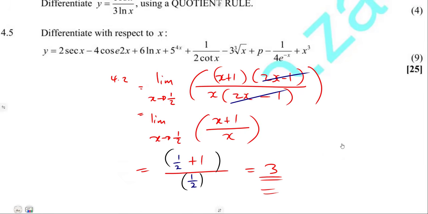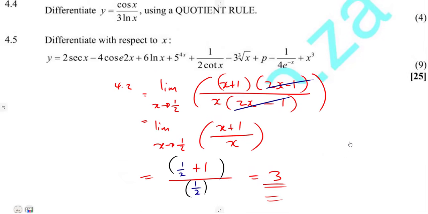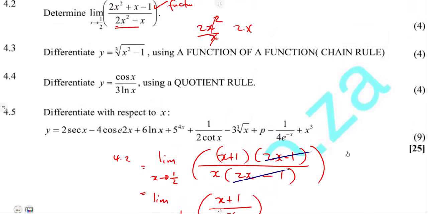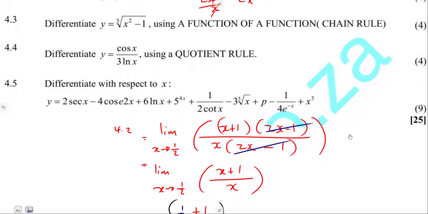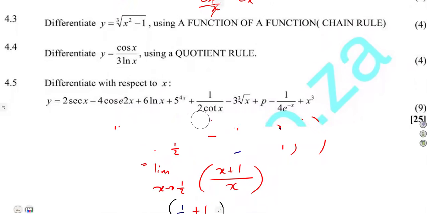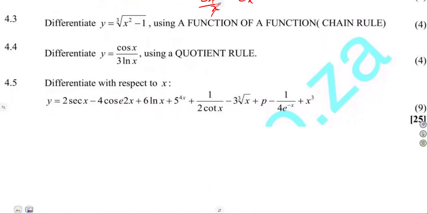All right, on 4.2, that is what you had. 4.3, we are being asked to differentiate this using function of a function. The function of a function is where we introduce u in place of another function. You can replace it here, as the cube root is the same as the exponent of a third.